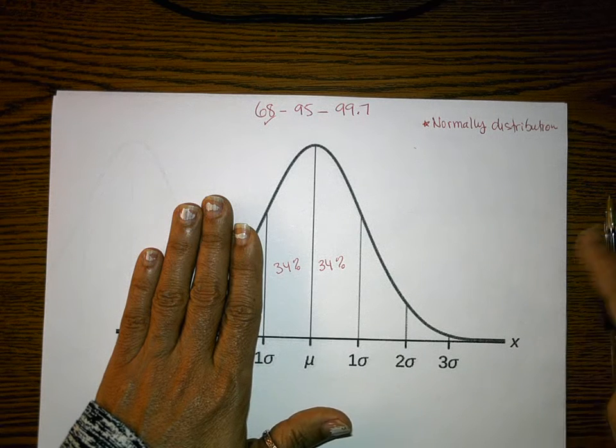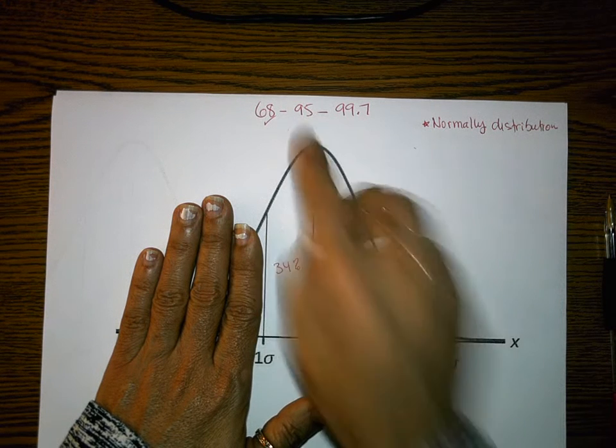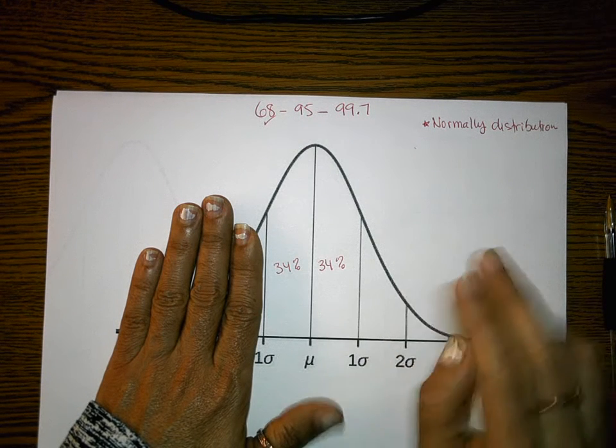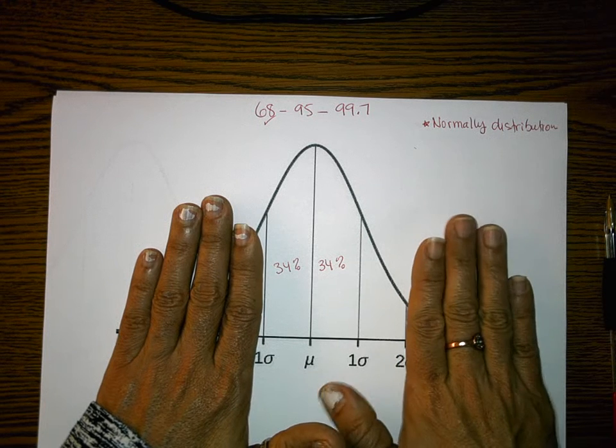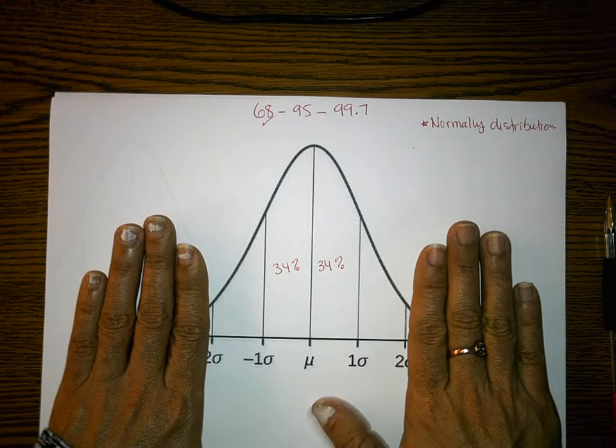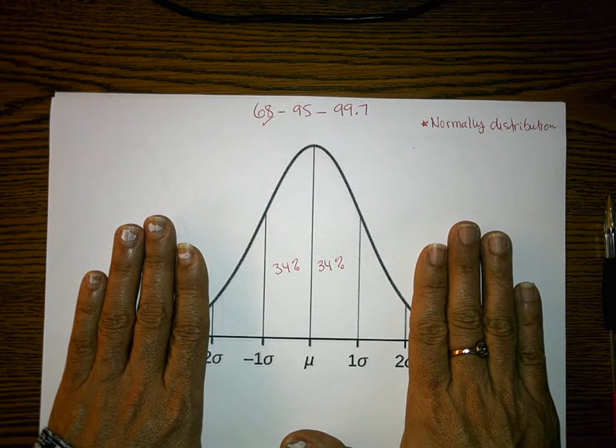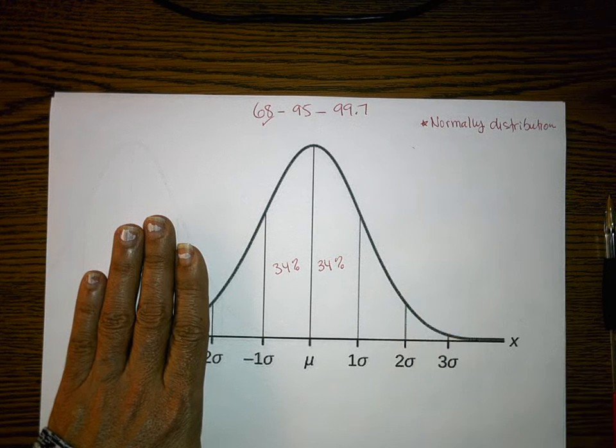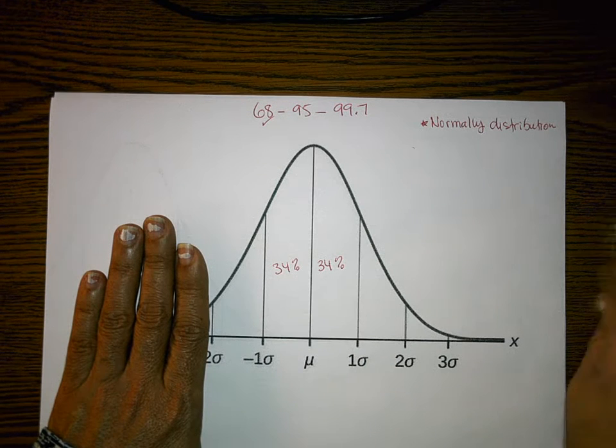Now, 95, the second value, tells me 2 standard deviations. So within 2 standard deviations, I have 95% of the data values of my normal distribution. So 95%, but I already have 68. So you have to do a little bit of math in your mind there.